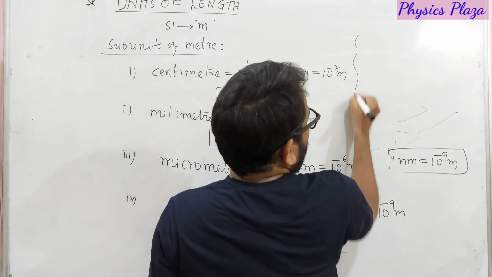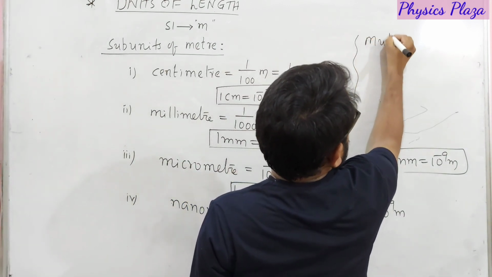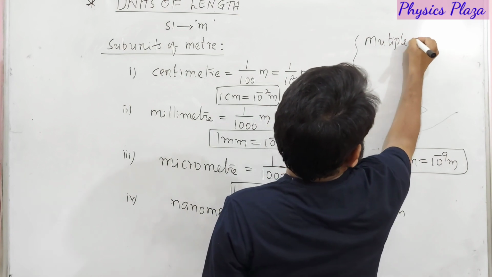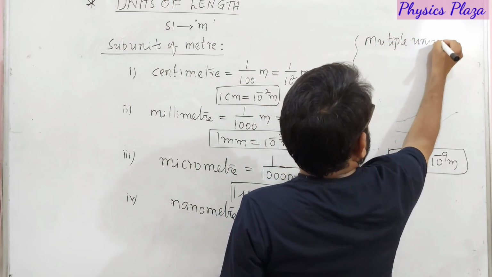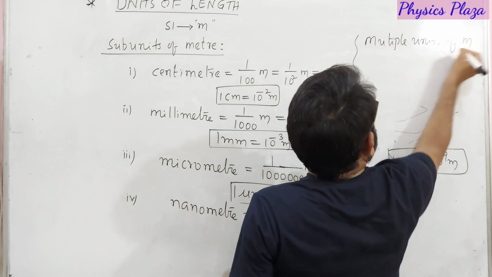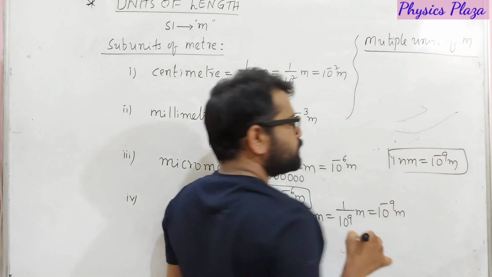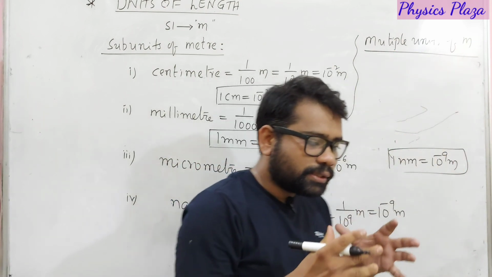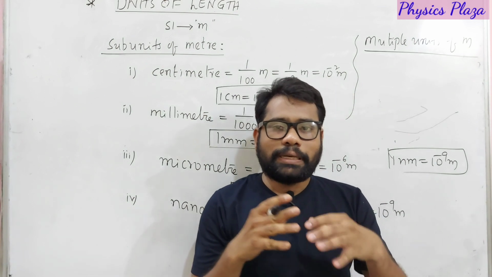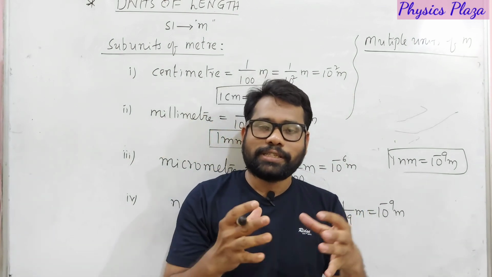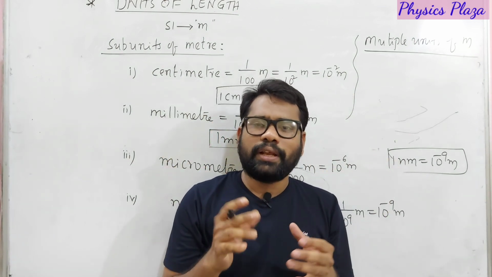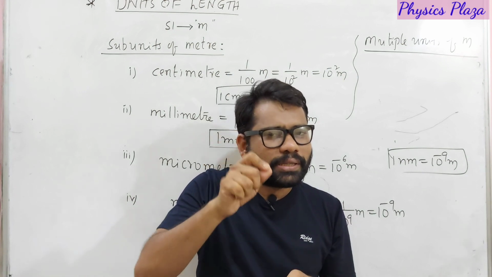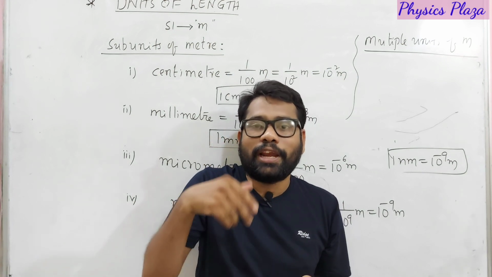Whereas multiple units of meter, dear children. Sometimes when we want to measure distances, like the distance between districts or between villages, a meter is considered to be very small. There we cannot use a meter.